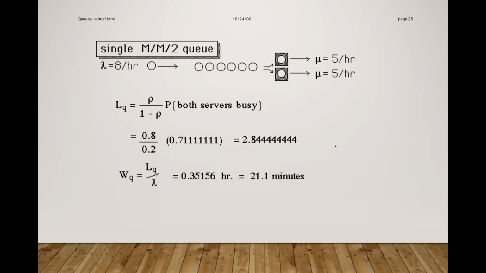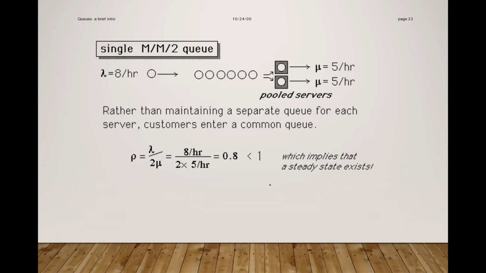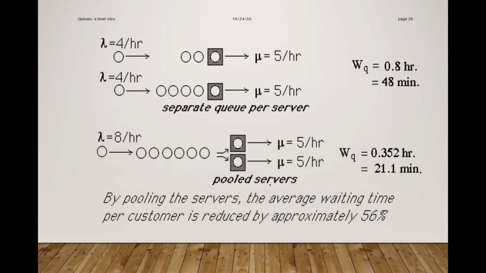So 2.84 at saka average queue is 21.1 minutes. So remember that the average time in the queue kung dalawang separate line ay 48 minutes. Kung isang line lang, 21.1 minutes.